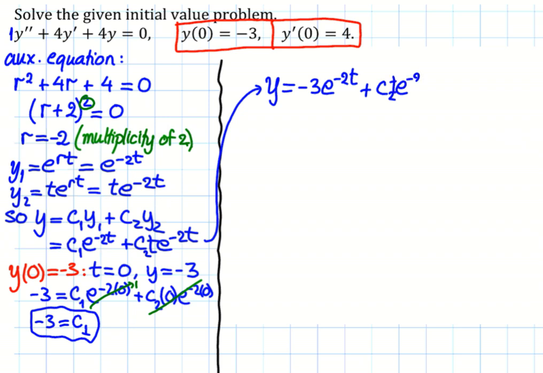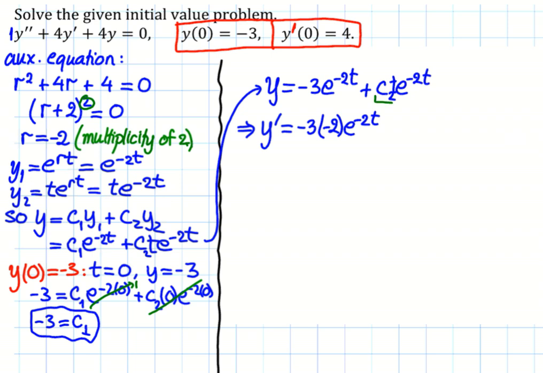We will take the derivative before we use the condition because this one we have the derivative. So the derivative is going to be negative 3 e to the negative 2t. With the chain rule, we should have negative 2 e to the negative 2t.